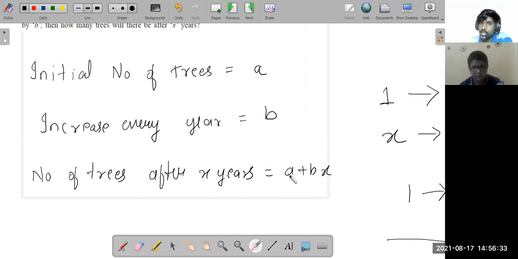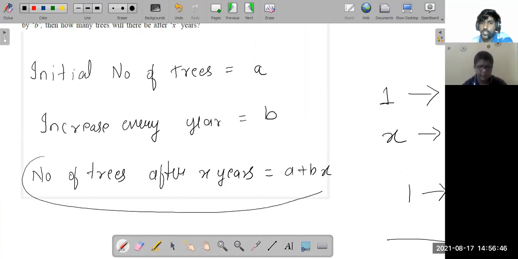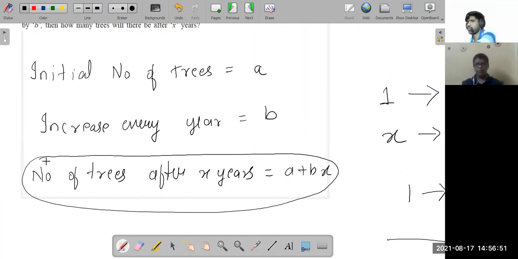So the initial number plus the increase becomes A plus Bx. This is the answer: number of trees after X years is A plus Bx. You don't have to solve anything here. Clear? Write it down.